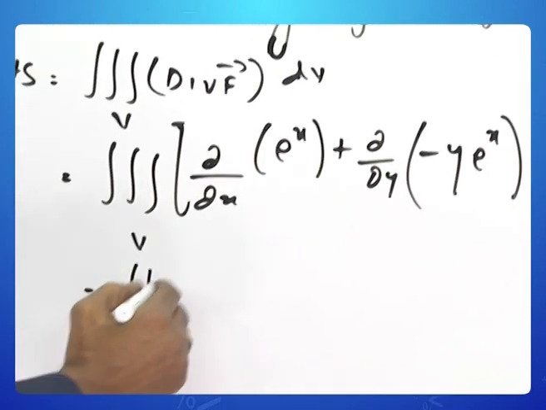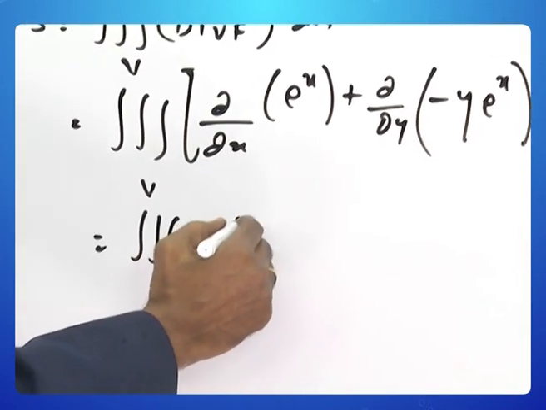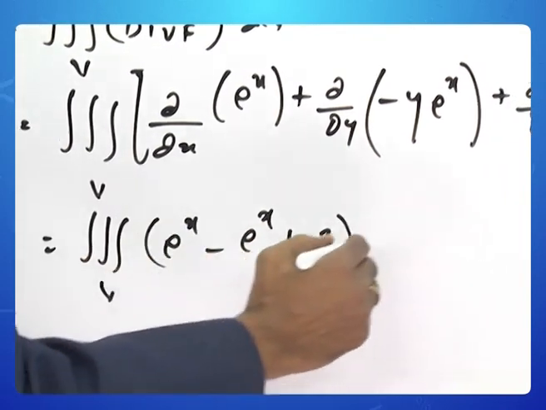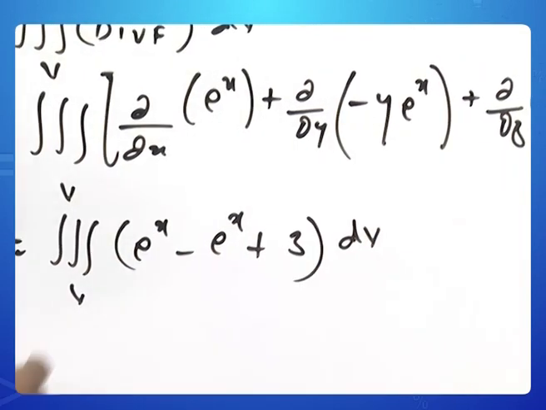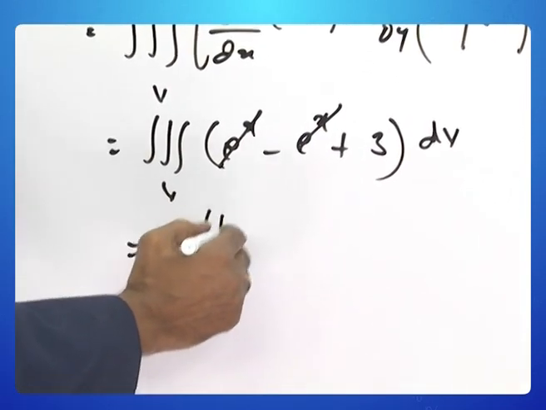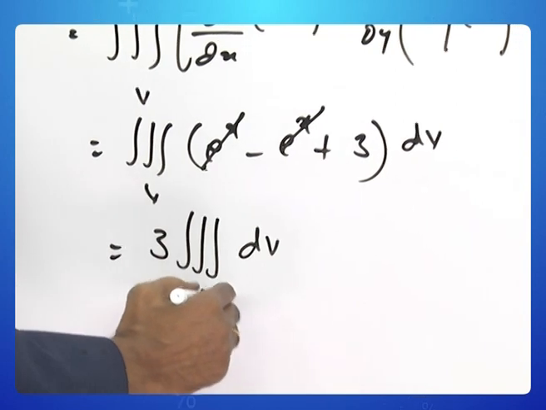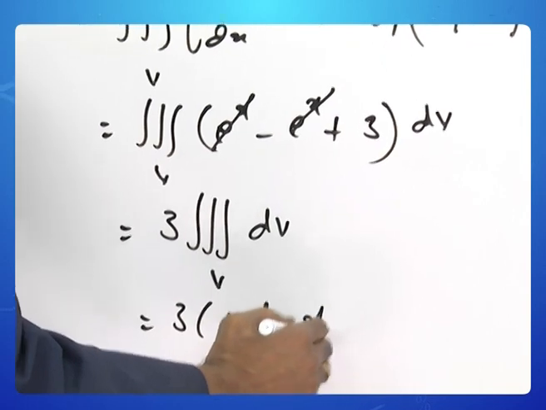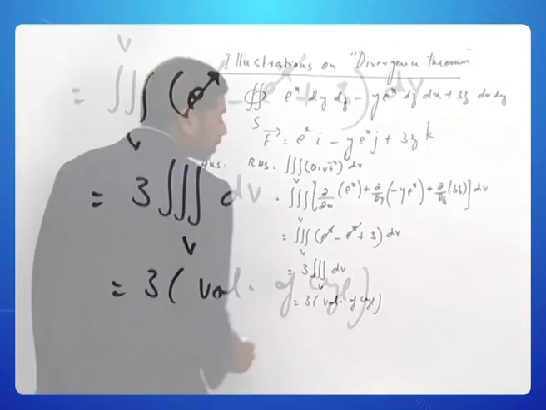So, this would make it (e^x minus e^x plus 3) dV. This will reduce to 3 times the volume integral dV. So this is nothing but 3 times the volume of the cylinder.